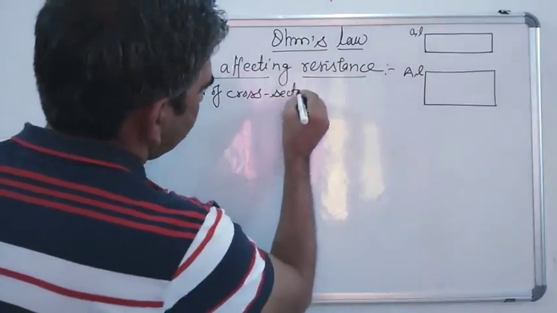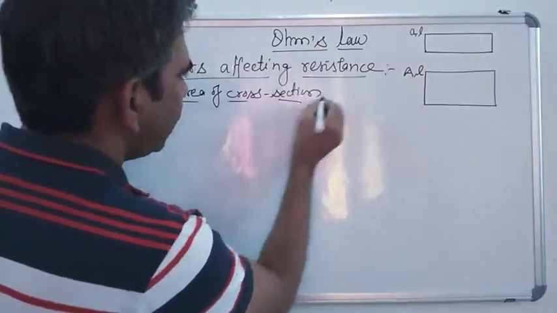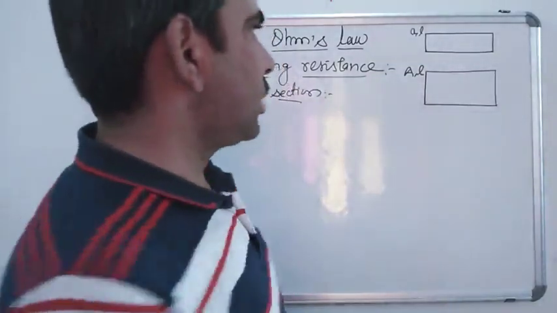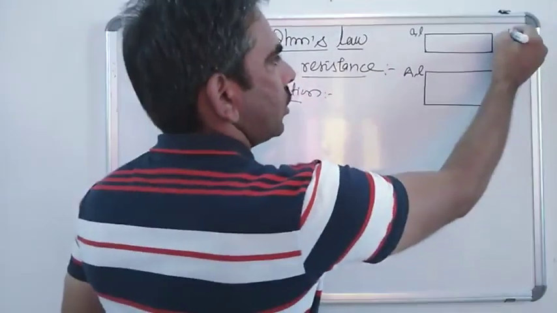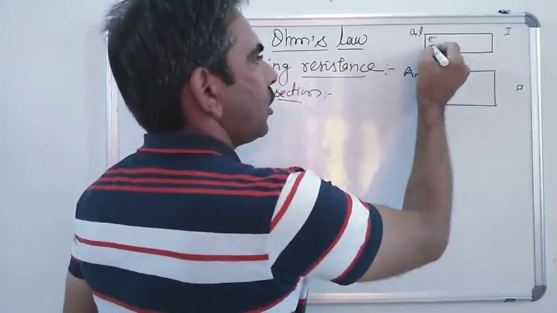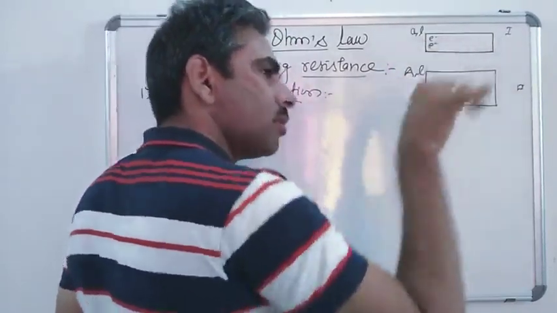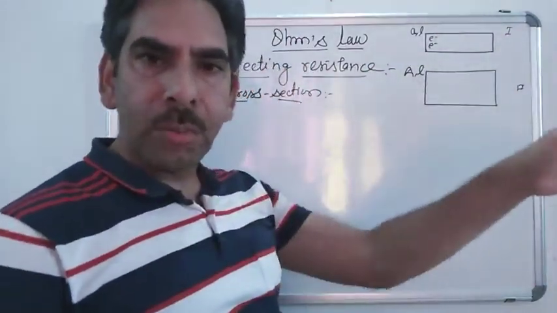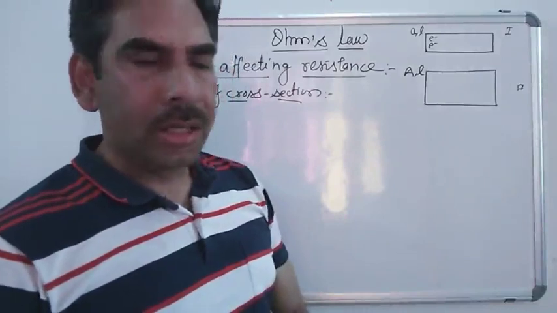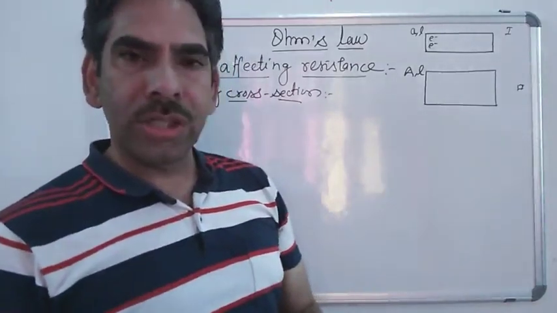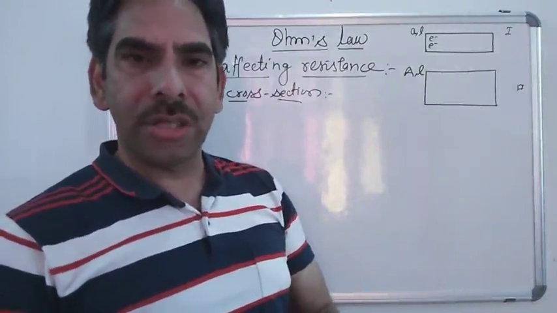So how does the area of cross section of the conductor affect the resistance of the conductor? Suppose that electrons have to move in the first conductor. This is the first conductor, this is the second one. Then the electrons which are present will have less area through which they can propagate, right? You can compare the situation with a room which is full of students or children.